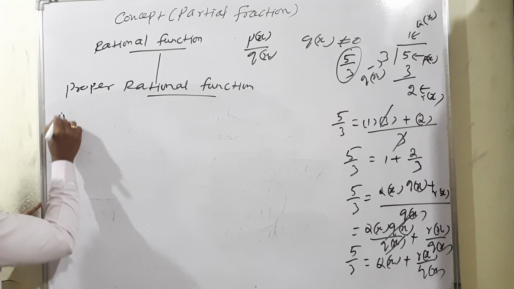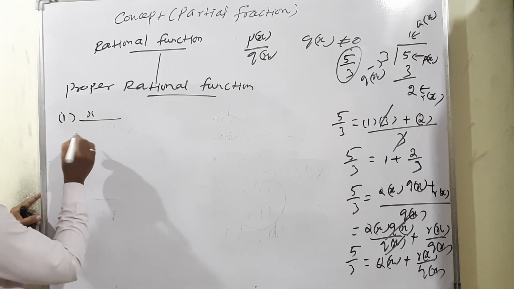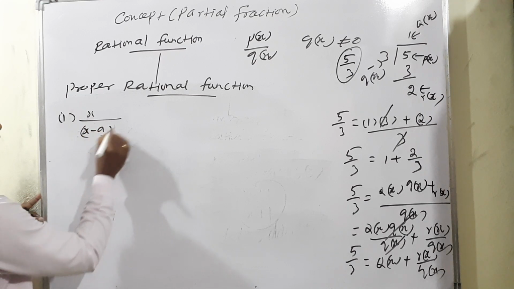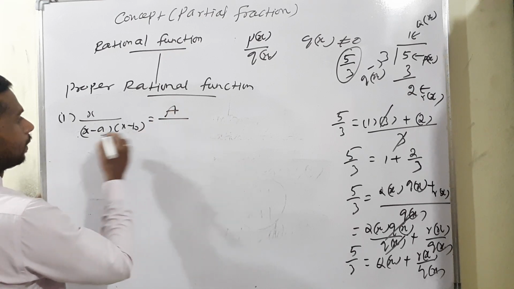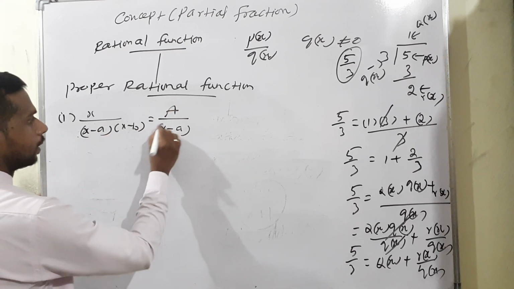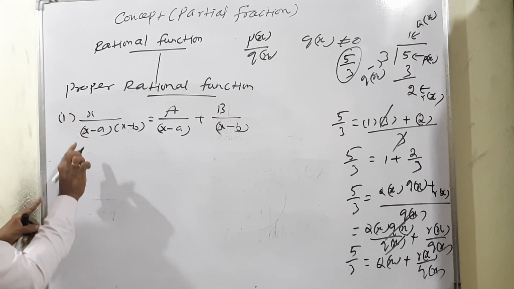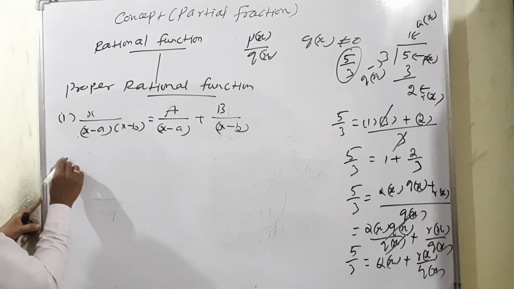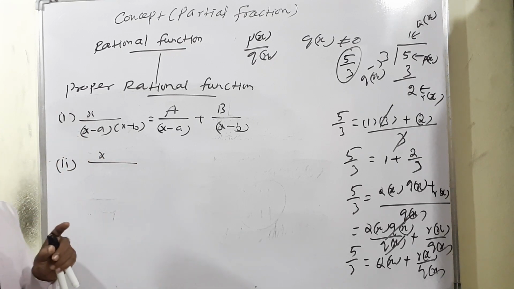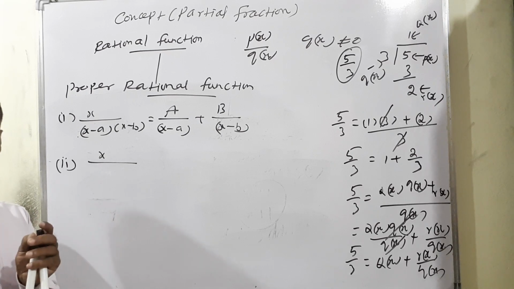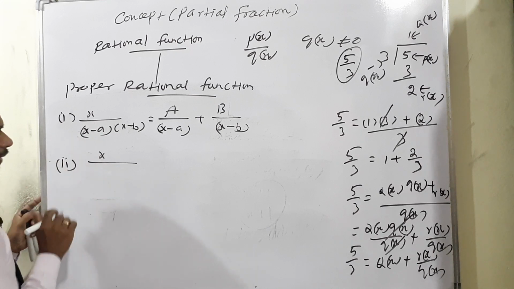First one, x divided by different factors, consider x minus a into x minus b. Different factors means we can write capital A divided by x minus a, then plus capital B divided by x minus b. At the same time, with three different factors, the numerator is x square. Different numbers will come in your question. Definitely when you move on to the questions you will understand more. Okay, so I just consider I have x only.